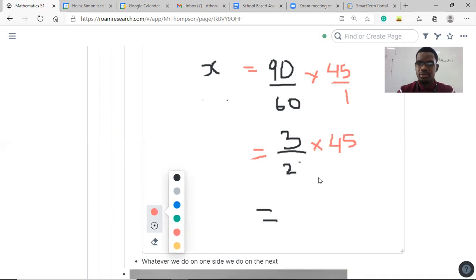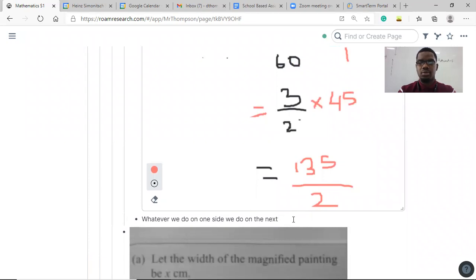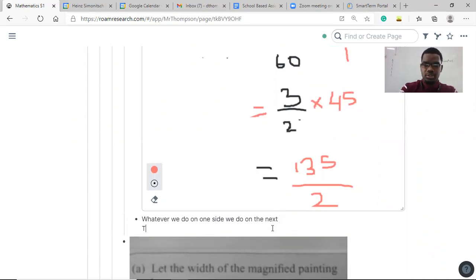So 45 by 3 gives us 135. And then we just have the denominator below it. 135 divided by 2. So that's our improper fraction, right? To solve this improper fraction, make it a mixed number.